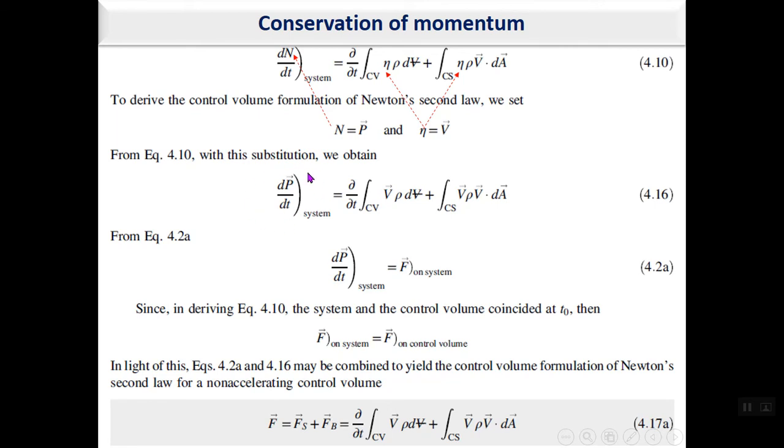The important point here is that the force on a control volume is comprised of two parts. The first is the surface forces, and the next one is body forces. So the force here is the summation of surface force and body force.